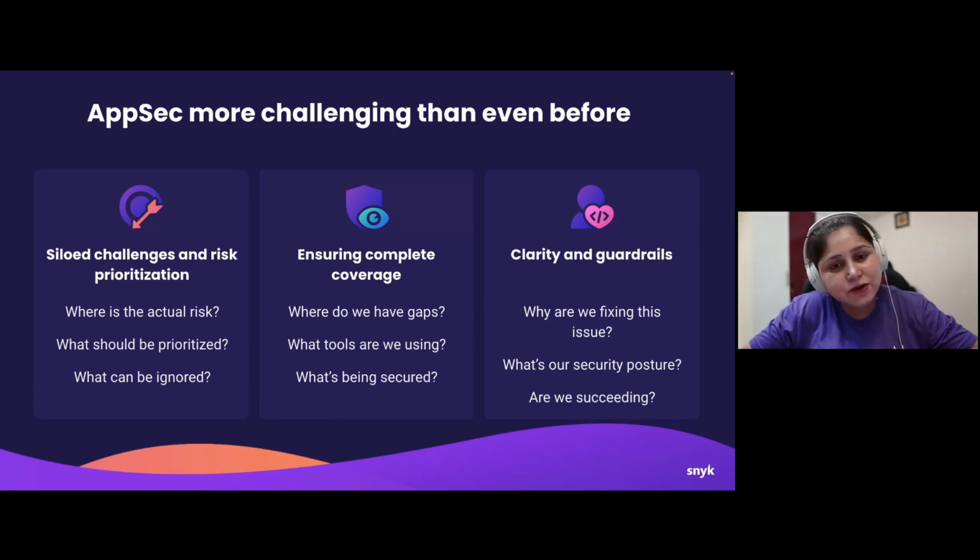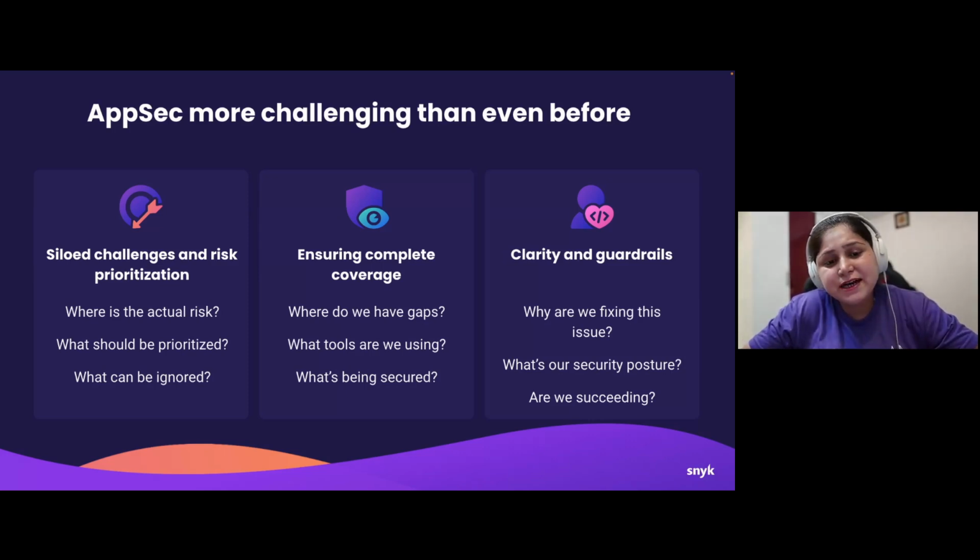Let's start with the siloed challenges and risk prioritization. With the adoption of various security tools throughout the development life cycle, the data is fragmented, and siloed security issues in application security are there for sure.